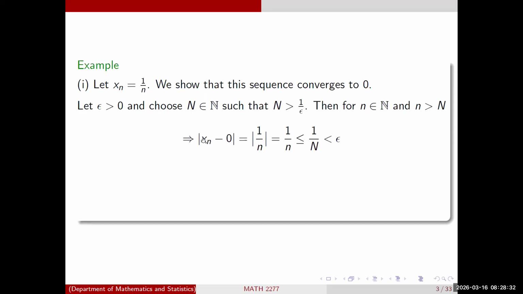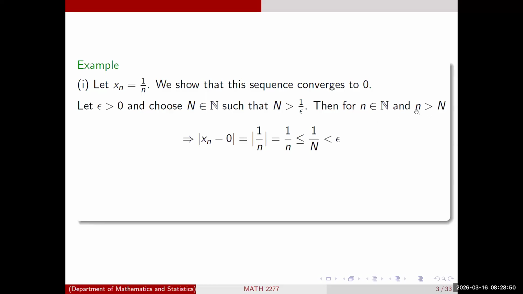Well, what is xn? For this particular sequence, xn is simply 1 over n. So I could plug that in over here. And the modulus of 1 over n, well, 1 over n is always positive, so I could remove the modulus.